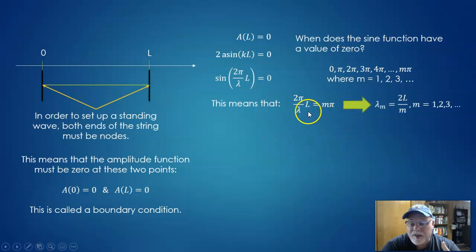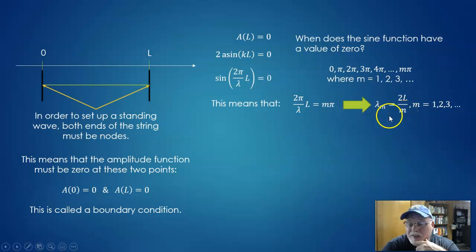And so if we solve this for lambda, we find out that there are certain wavelengths, lambda sub m, which is equal to 2L over m. The pi's cancel out when I solve. And m is 1, 2, 3, and so on. The reason I've put m on here is this is the wavelength that works for each integer multiple of pi.